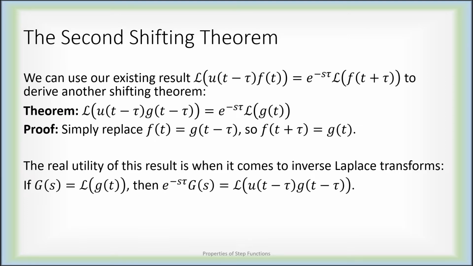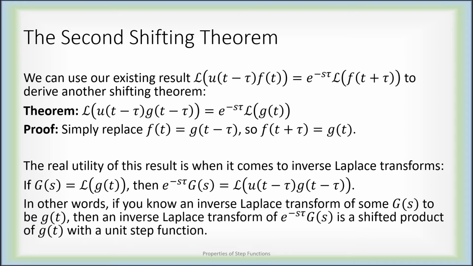Now, the utility of this second shifting theorem comes to inverse Laplace transforms. If capital G of s is this Laplace transform, L of g of t, then here we have e to the minus s tau, capital G of s, which is the Laplace transform of a step function times g of t minus tau.